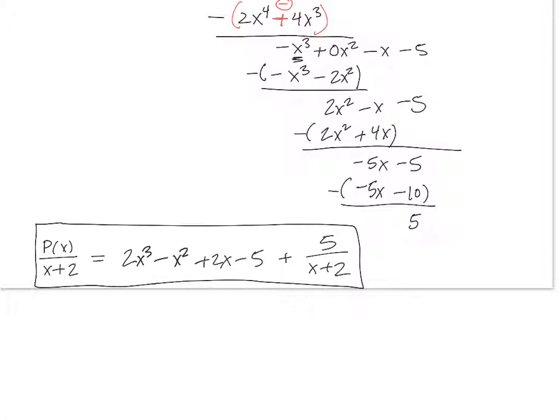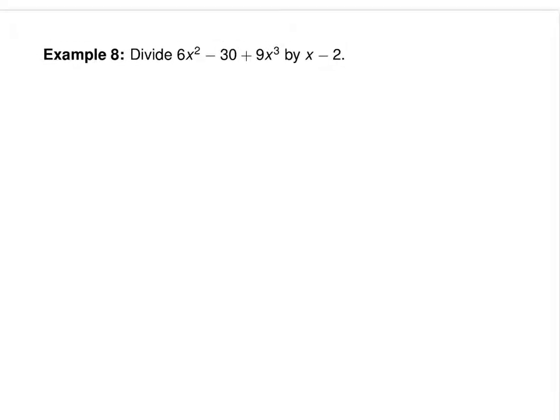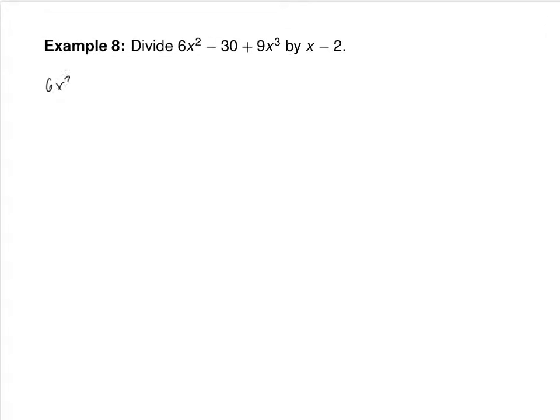Okay, let's try another one. It's a little bit shorter. Okay, 6x squared minus 30 plus 9x cubed by x minus 2. That's like saying 6x squared minus 30 plus 9x cubed over x minus 2.